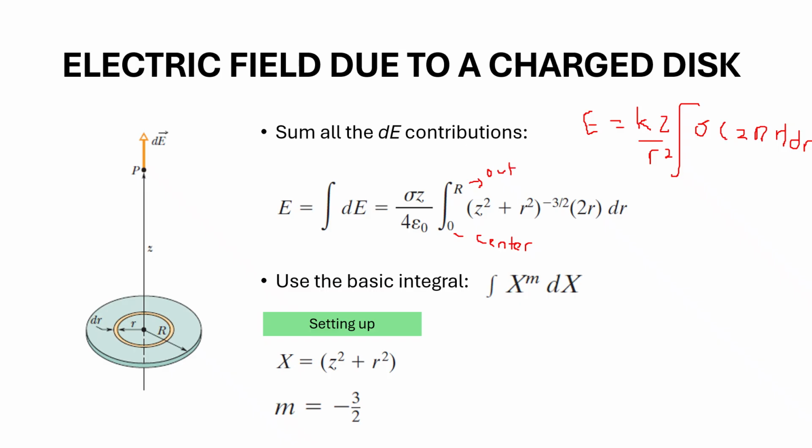So you have electric field equal to kz over r squared, integral of delta 2 pi r dr.